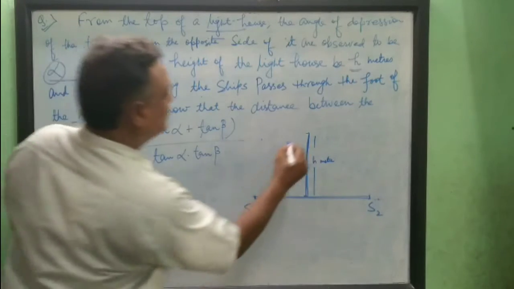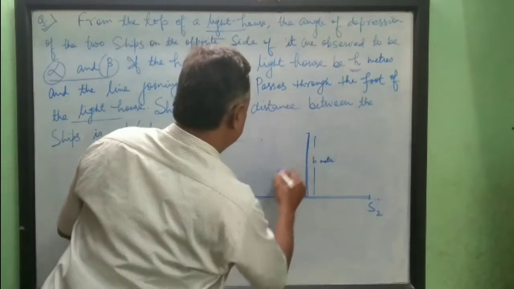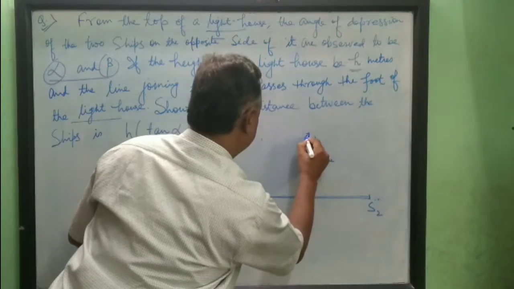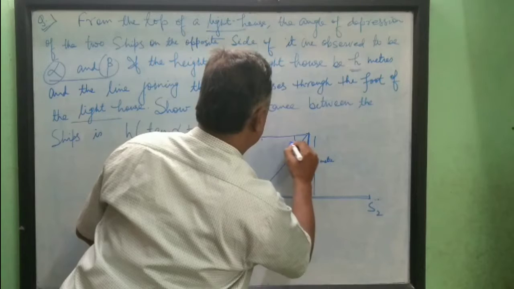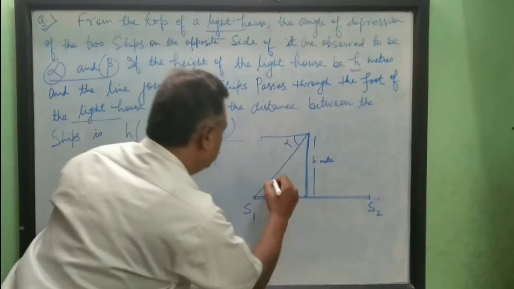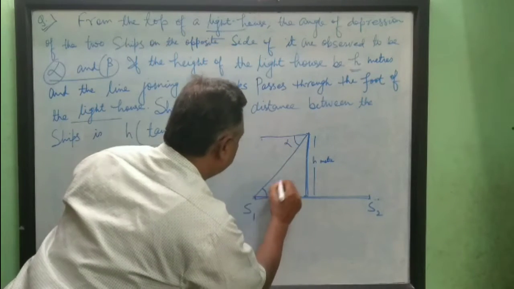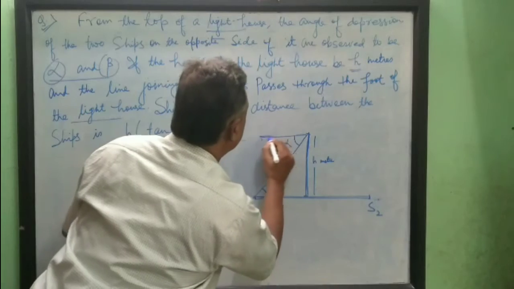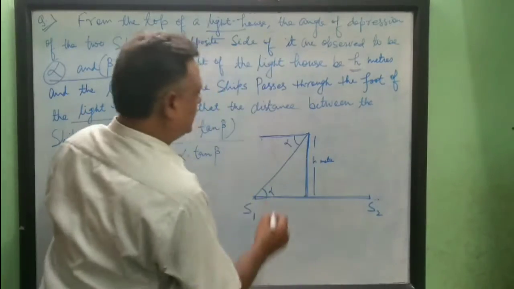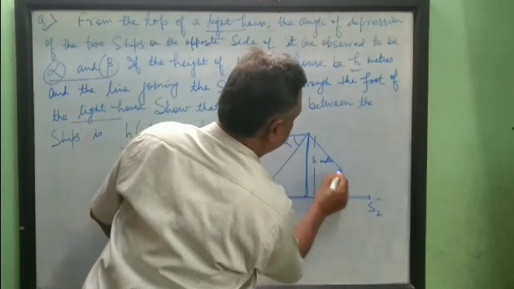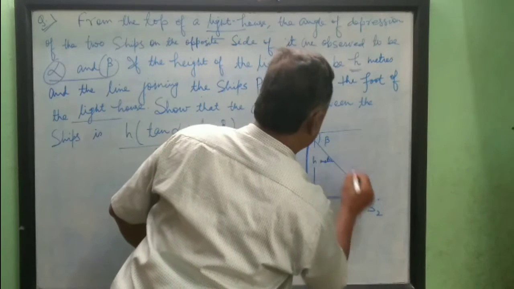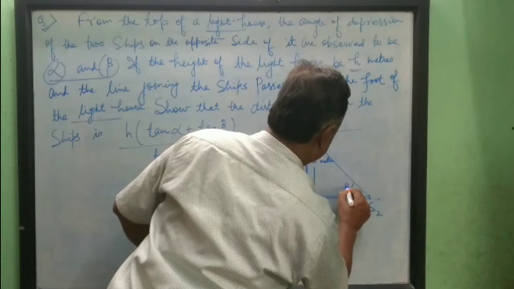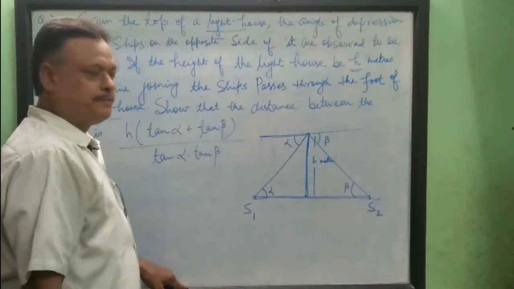So from the top of the lighthouse, the angle of depression will be, so this is alpha, so obviously this will be alpha, alternate angles are equal, and this angle is beta, so this is also beta.